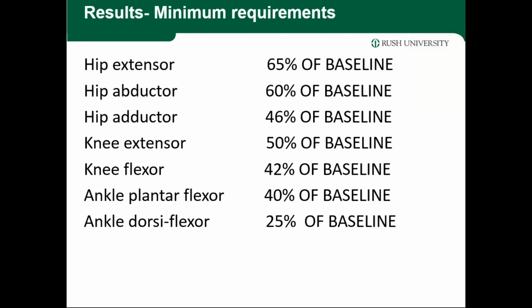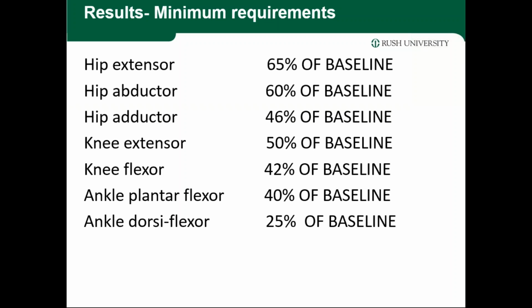Here are the results. So, from stepwise reduction of muscle strength and then running the musculoskeletal model with the reduced strength muscle models, we can estimate how much strength is needed for each muscle group in order to execute gait.